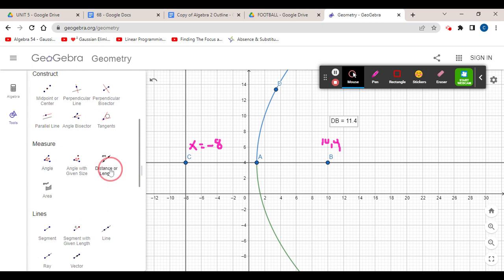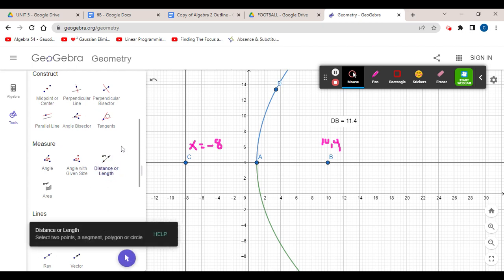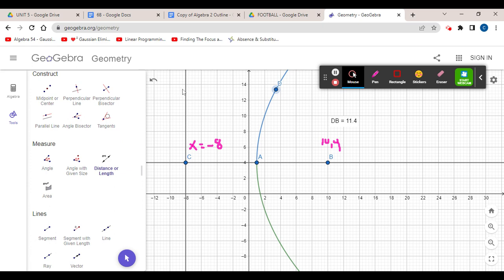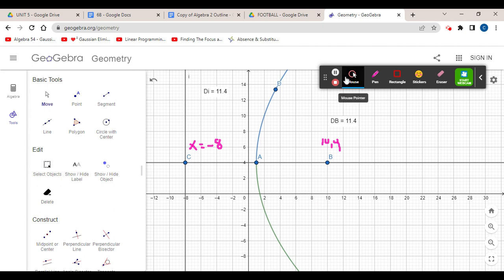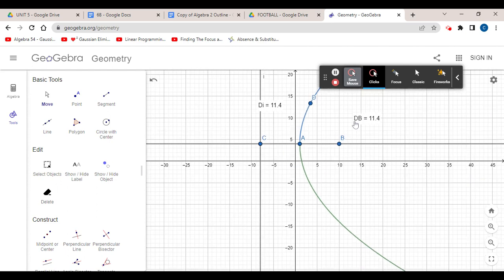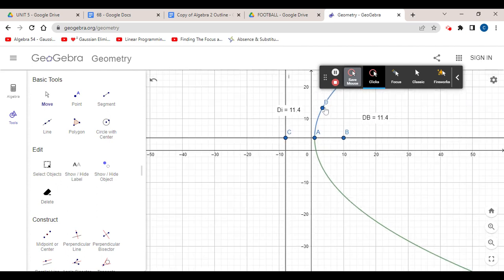Now we've got to find the distance from D to our directrix, and we see that that distance is also 11.4. Now as I erase these, I'll zoom out a little bit so we get a nicer picture. So D to B is 11.4, and D to this line here is 11.4.